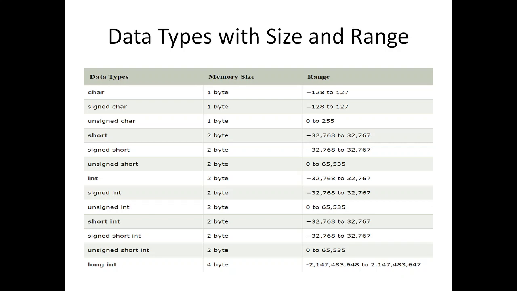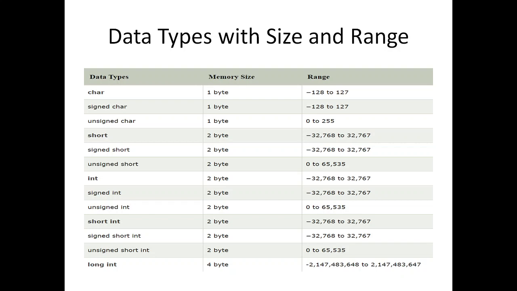Basically, ASCII characters can be stored in this way. For unsigned character, where the sign is not considered, you store 0 to 255.